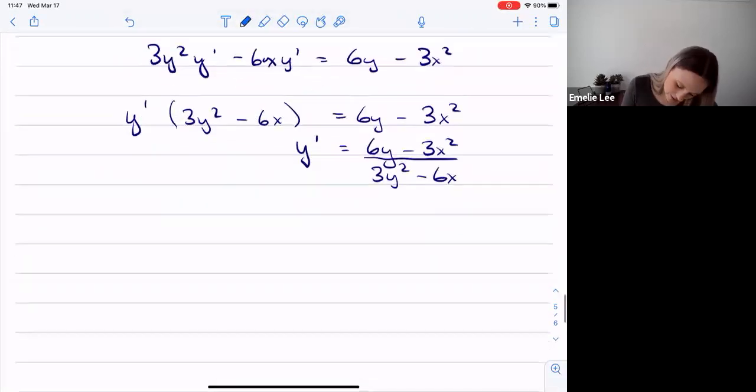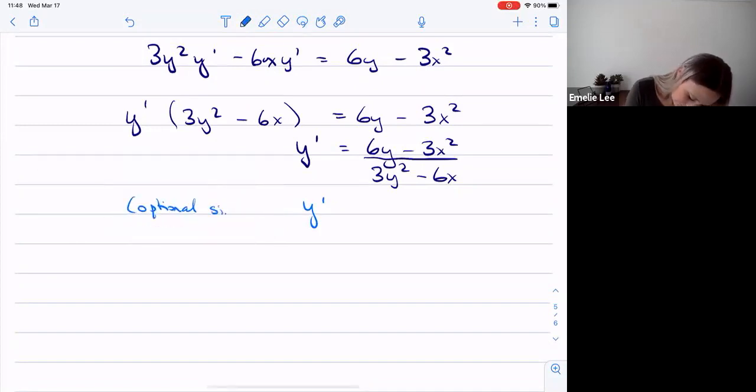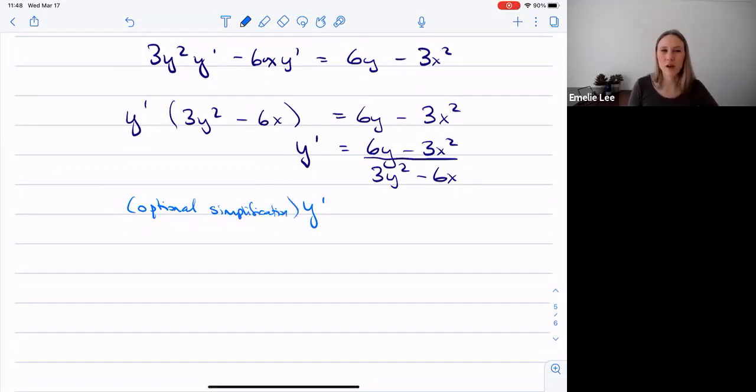We can simplify a little bit further, and I'll say this is an optional simplification. Because we're going to be using the y prime later, I think it's going to be nice to have a cleaner y prime.